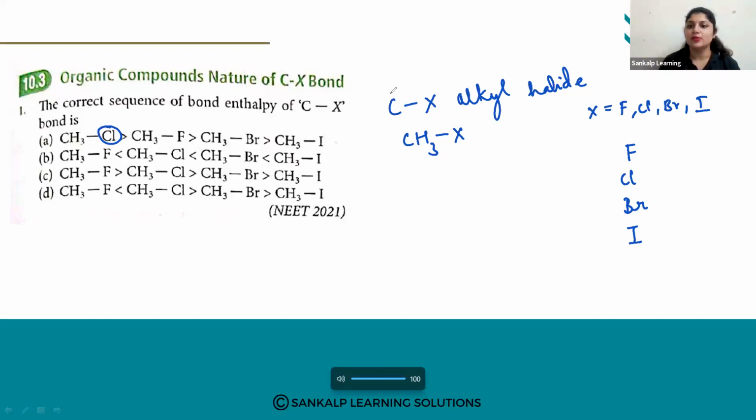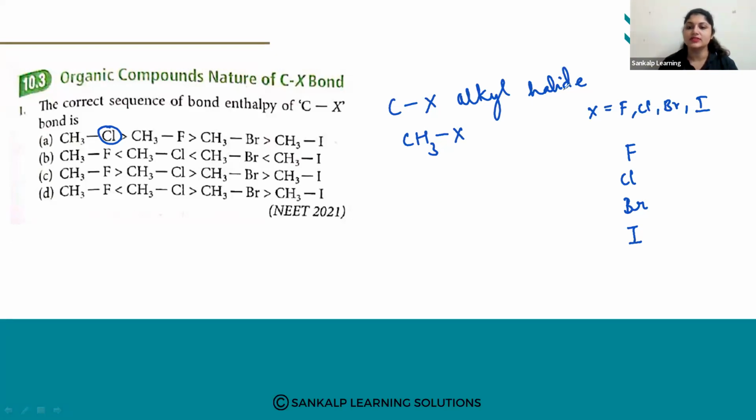The number of shells increases, so the atomic size also increases.